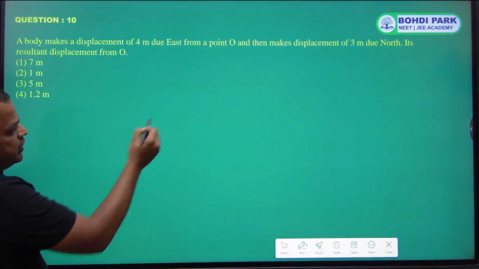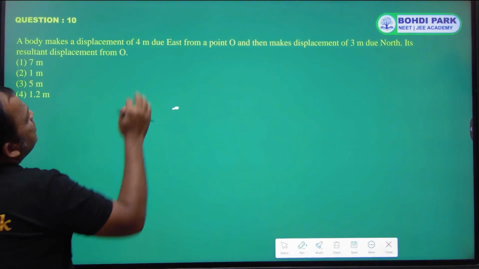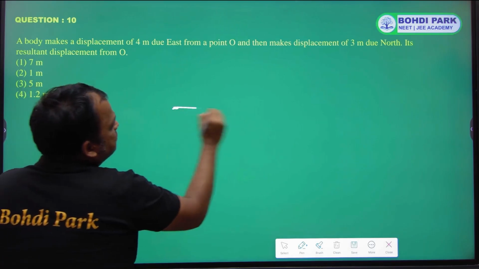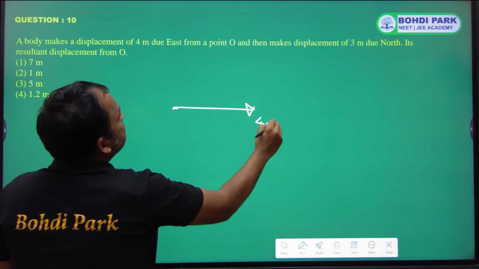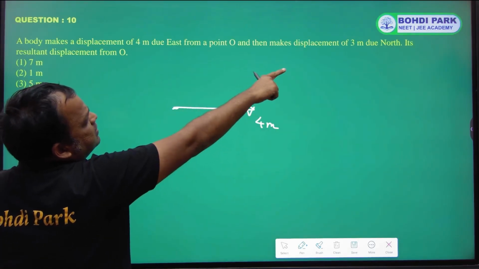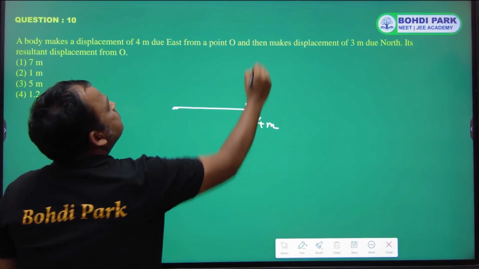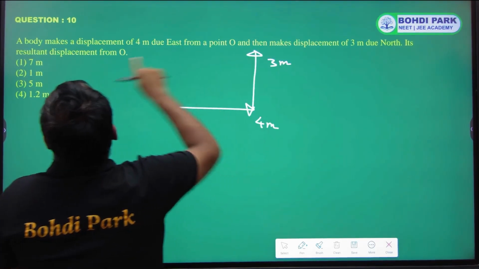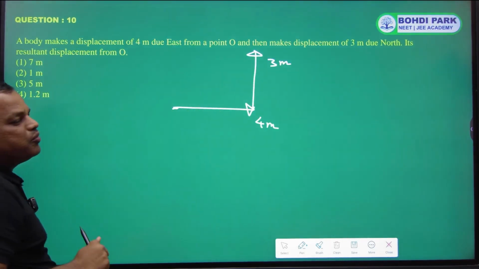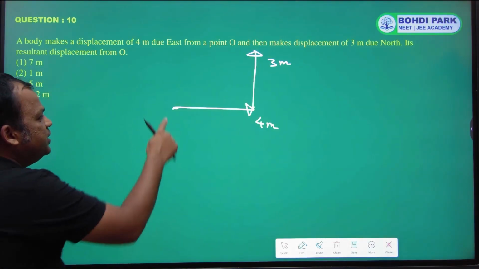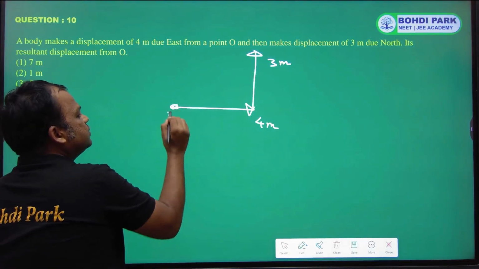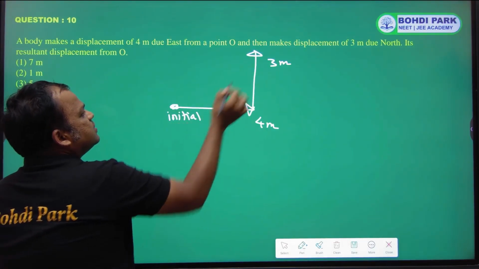So there is a point O over here, 4 meter east, and then makes 3 meter north. Its resultant displacement from O? So this is the initial position and this is the final position.